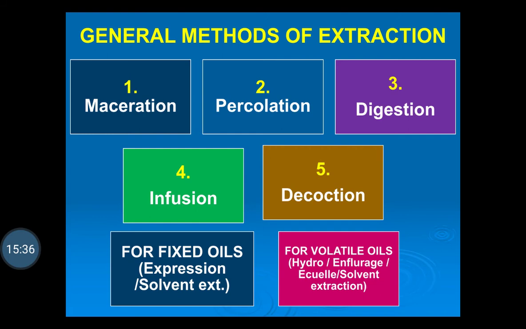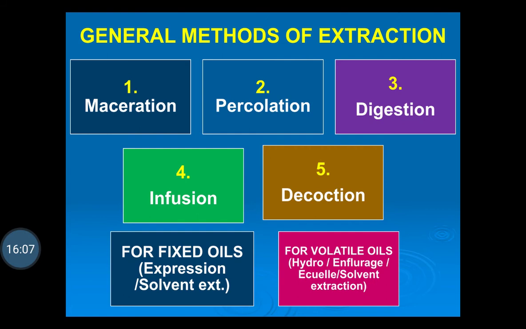For volatile oil, the method which is used for the extraction is hydrodistillation, which is further classified as water distillation, water and steam distillation, and steam distillation. Next one is enfleurage and defleurage, ecuelle method, and solvent extraction method. So here we will study the methods such as maceration, percolation, digestion, infusion, and decoction.